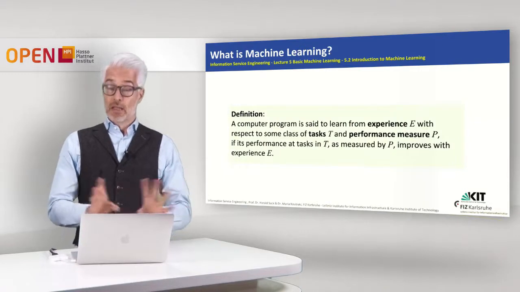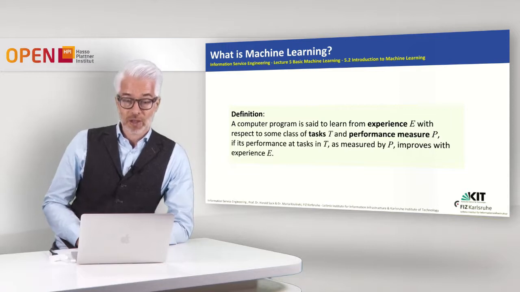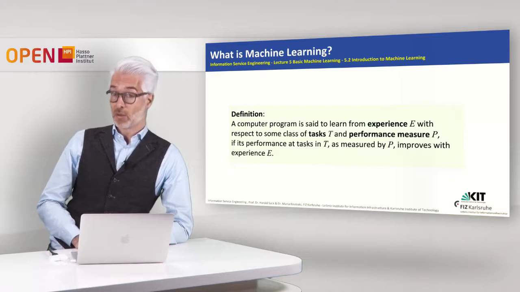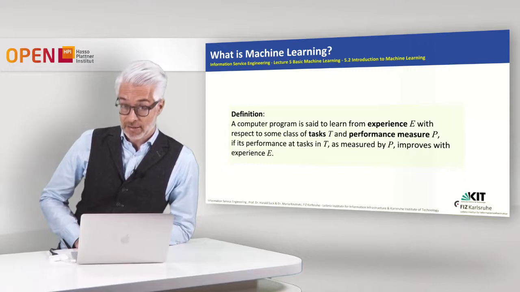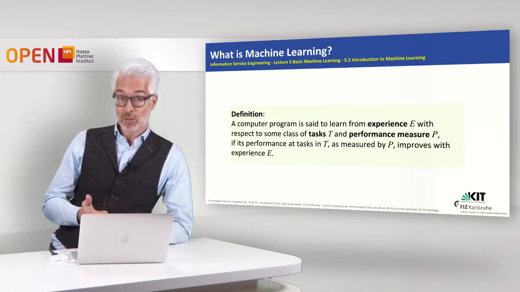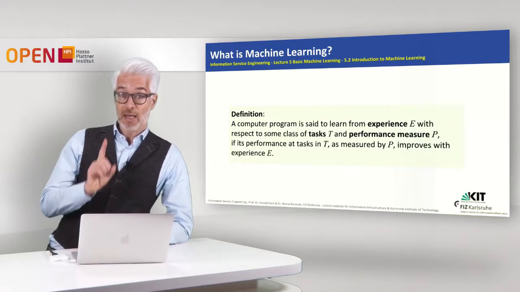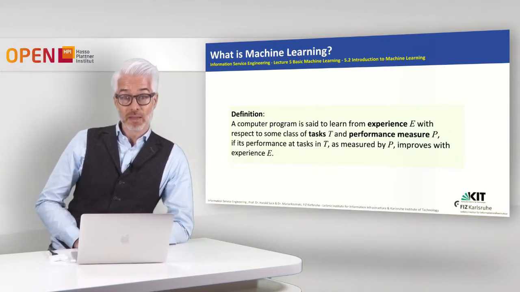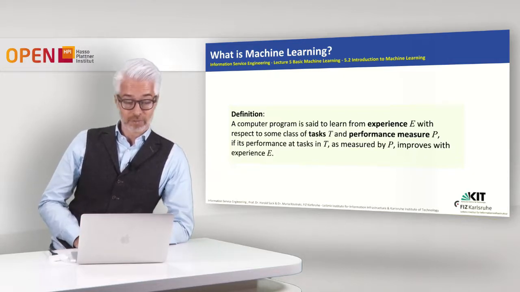Okay, now we are prepared to come up with the first definition of what machine learning is. So this is a formal definition. A computer program is said to learn from experience E with respect to some class of tasks T, so it learns something specific, and performance measure P, so we have to evaluate it according to a specific performance measure, if its performance at tasks in T, as measured by P, improves with experience E. So this is machine learning.